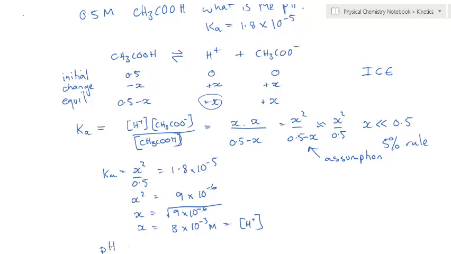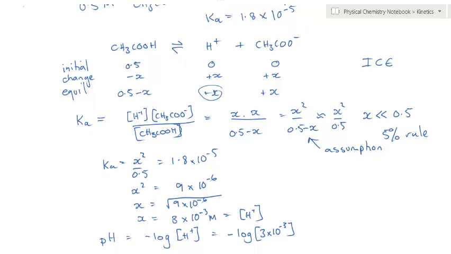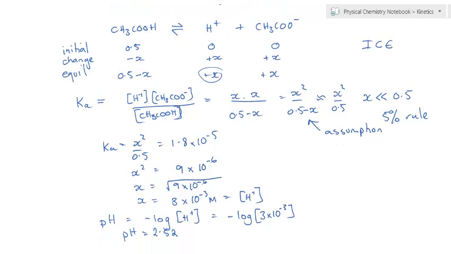So we can use pH equaling minus log of the H, and we get a value for pH: minus log of 3 by 10 to the minus 3, which is going to be around about 2.52. So the pH of this solution, 0.5 molar of acetic acid, is going to be 2.52, approximately.